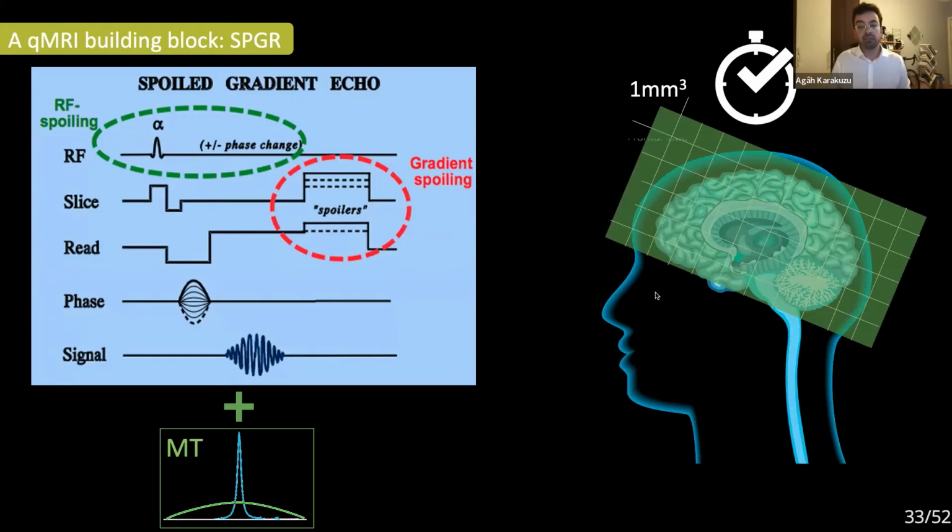And when we play this pulse before the acquisition, it indirectly reduces the signal we measure, but as the effect is tissue specific, it increases the contrast we are interested in. Pulse sequences look easy on paper, but there are a lot of decisions to be made in the background for implementing them.